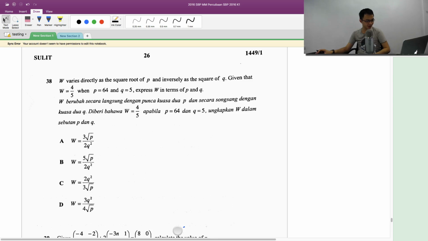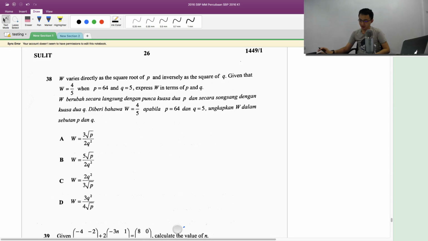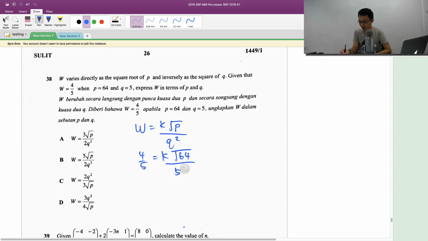For question 38 here, W varies directly, so we add a k, as the square root of p, and inversely as the square of q. Given that W equals 4 over 5, k is unknown, square root of 64 and 5 square. Express W in terms of p and q.